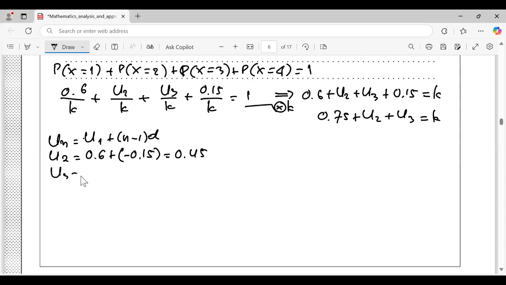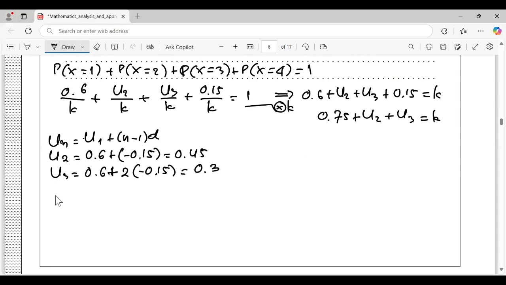And u third is u first, 0.6, plus 3 minus 1, which means 2, times minus 0.15. So 0.6 minus 0.3, it is 0.3. After that, substitute 0.45 and 0.3 into this equation.